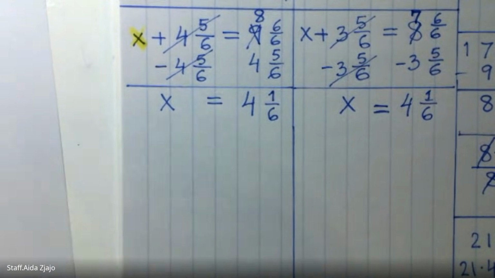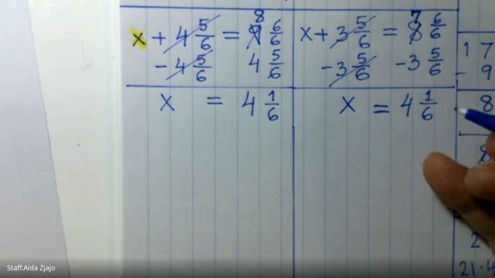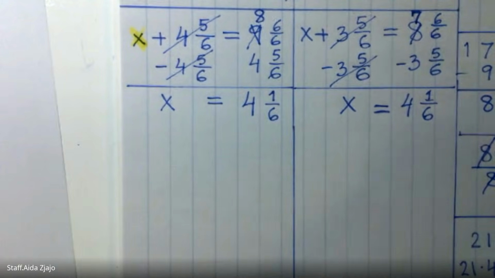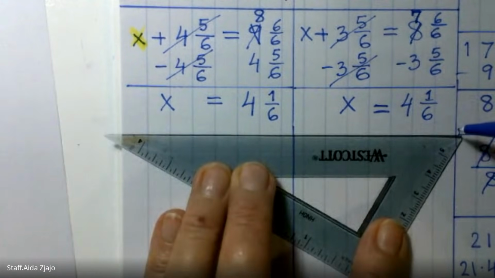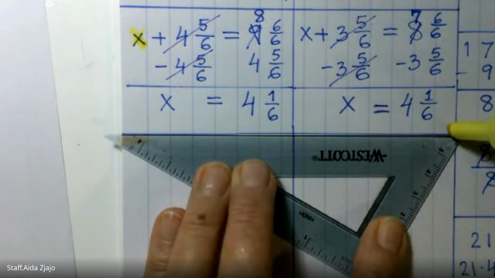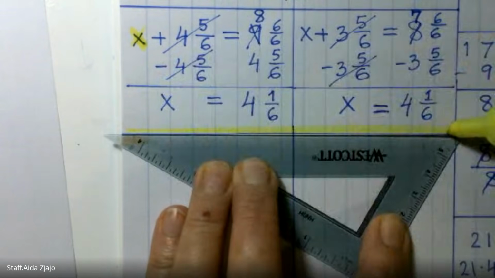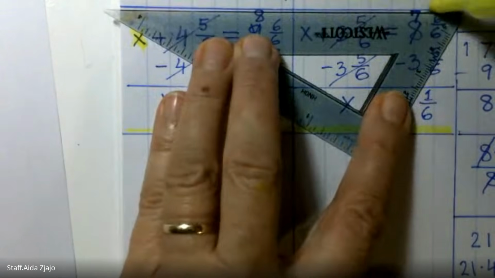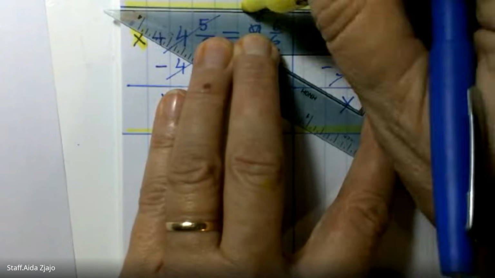That will be next. Next, excuse me, 5/7, sorry, I'm going to draw a line to make a difference between problems. This was one problem, this was the other one.